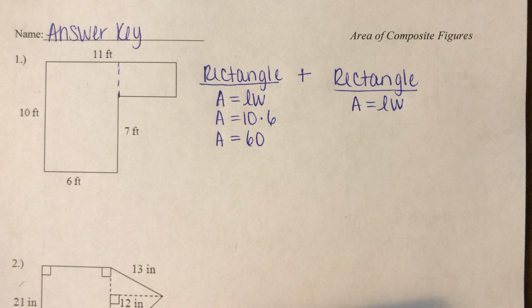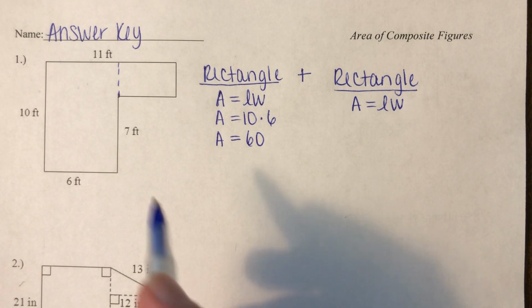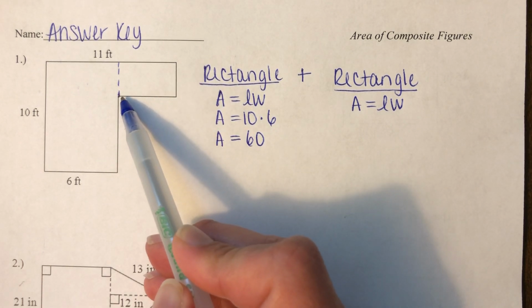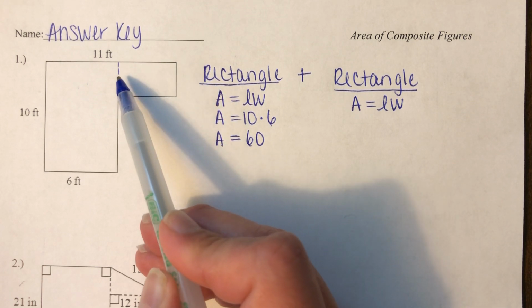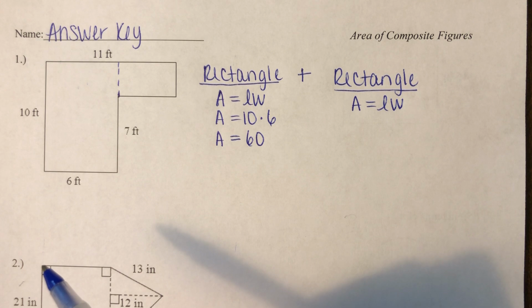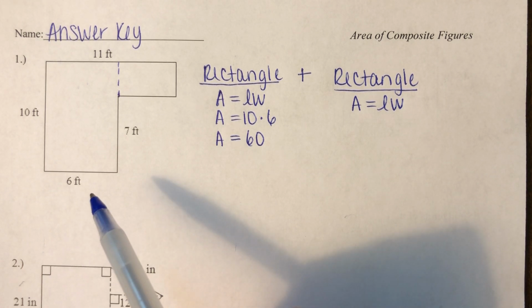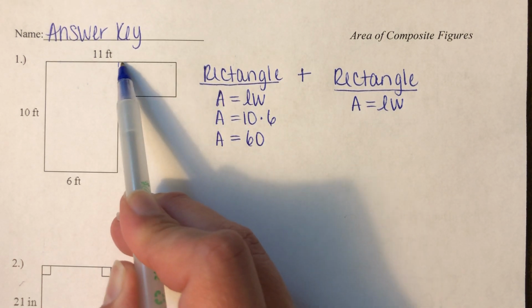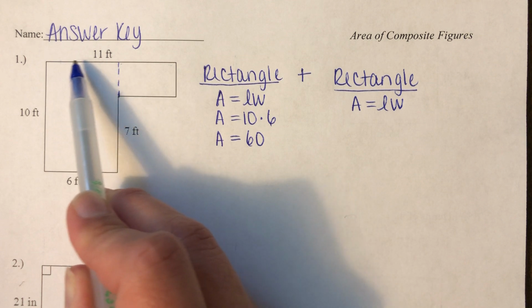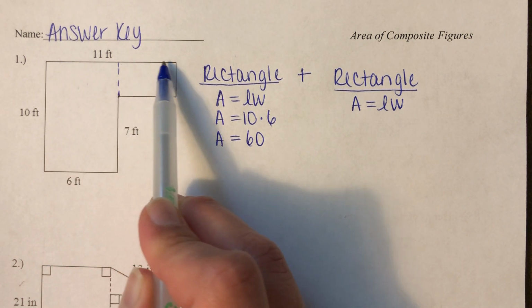All right, the other rectangle is trickier. Notice I don't see a number here, or here, or here, or here. So I'm going to have to subtract to find some dimensions. Let's start with this side. This side is part of the 11, but 11 is too big.